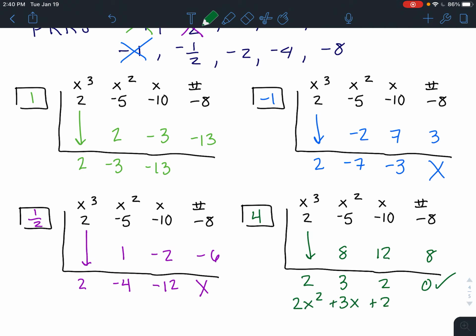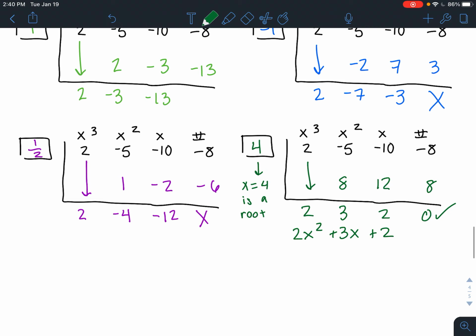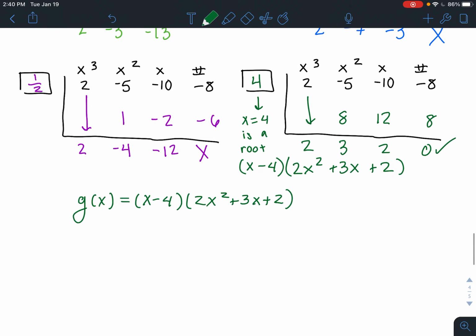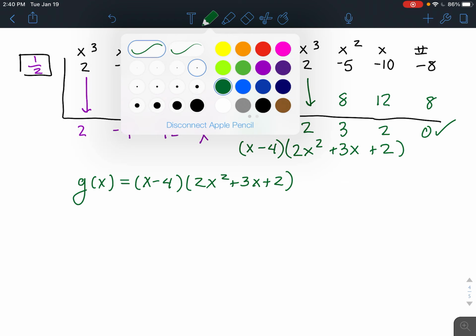And if x equaling 4 is a root, whoops, that's the wrong word, right, then we know that x minus 4 was the factor. So right now we have that our g of x function is x minus 4 times 2x squared plus 3x plus 2. So I want to see if this can factor.